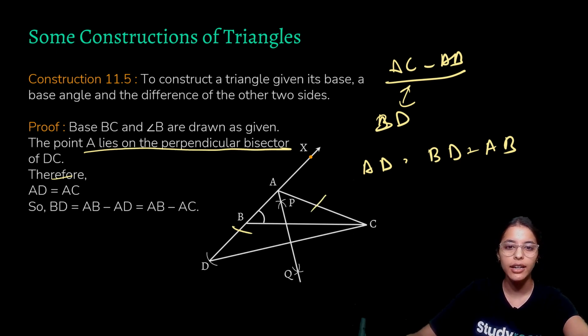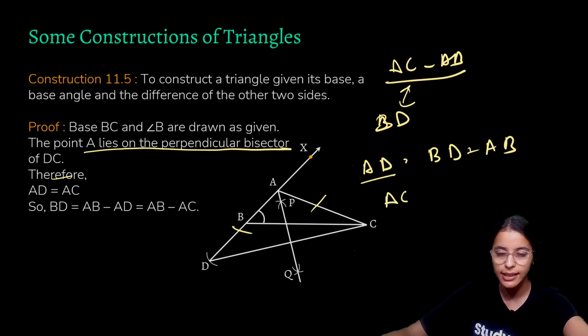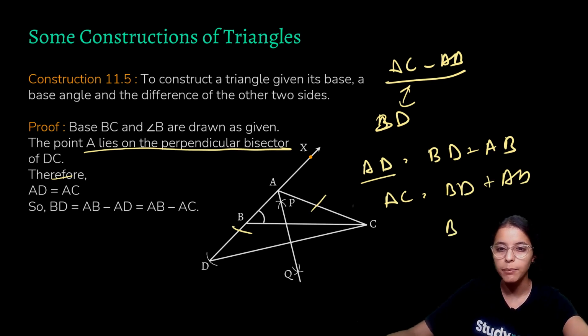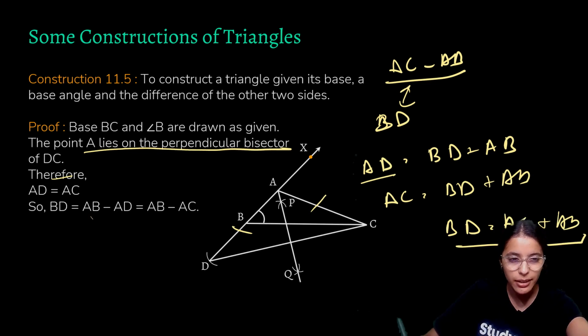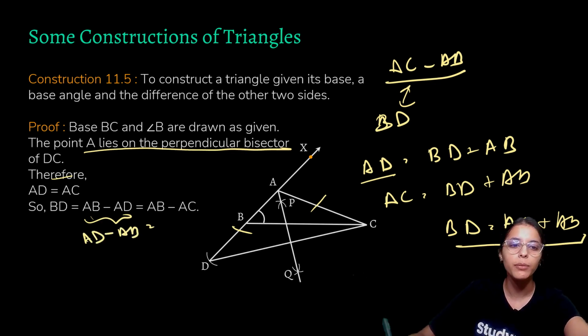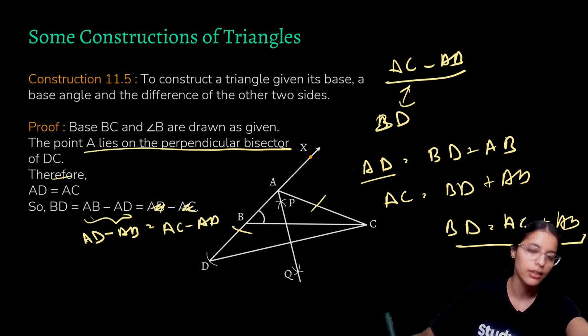Since these two sides are equal, I can just write in place of AD, AC equals BD plus AB, and hence BD is equal to AC minus AB, and hence proved. As it is written, it's just a little mistake over here, it should be AC minus AB. This is like this.